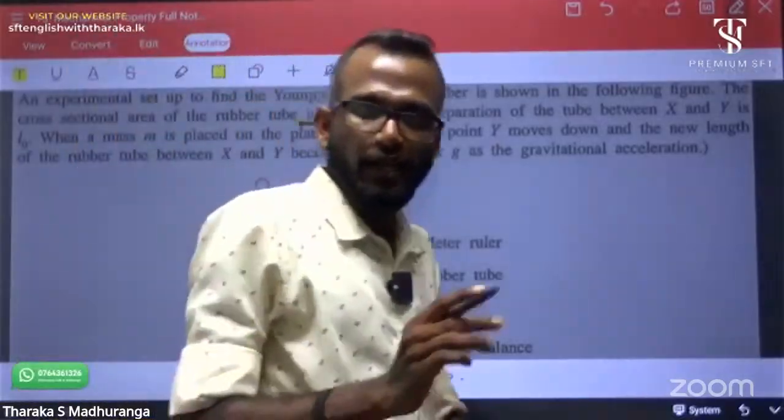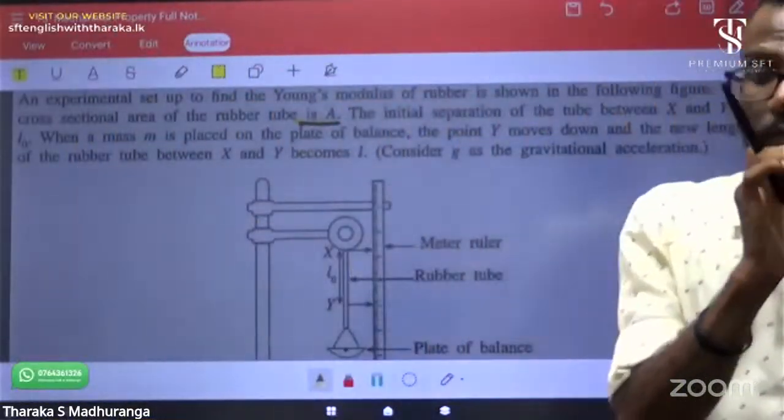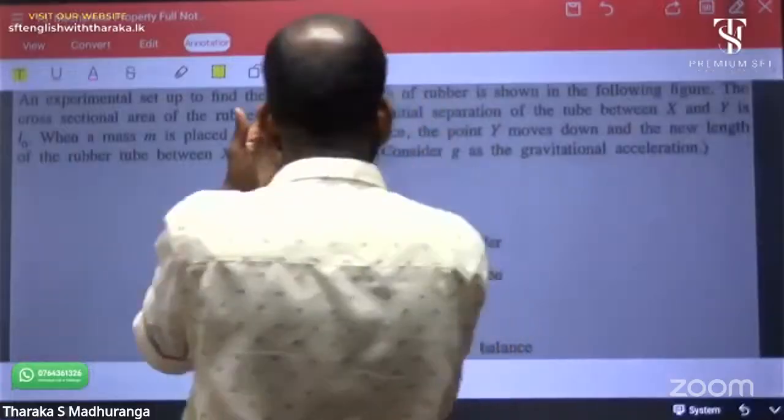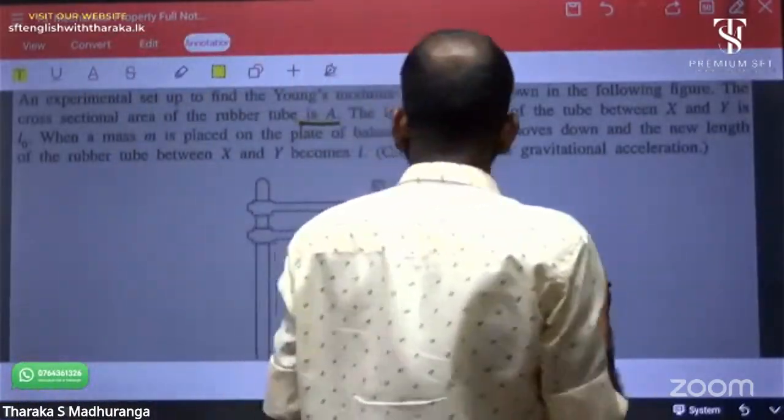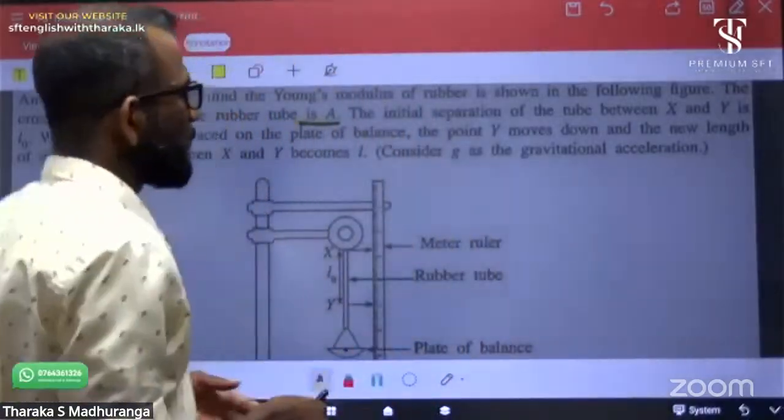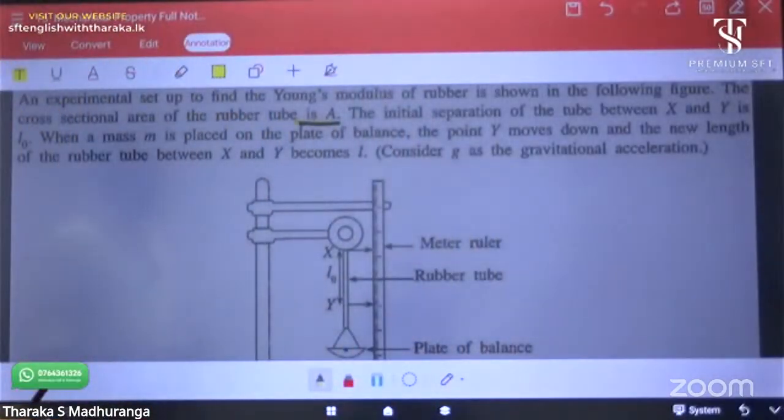The initial separation of the tube between X and Y is L naught.